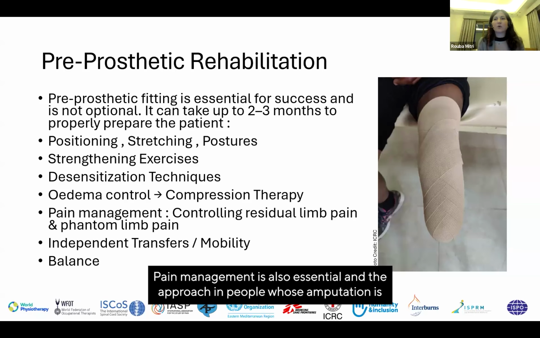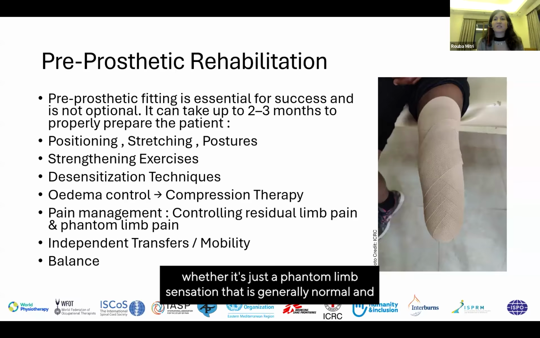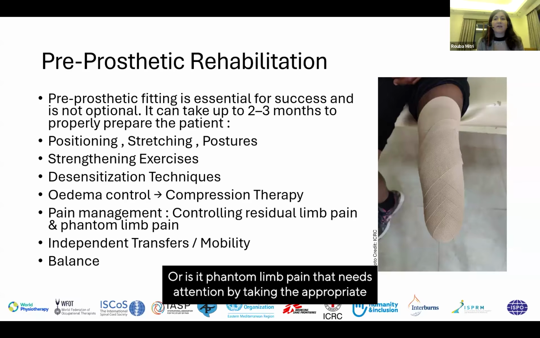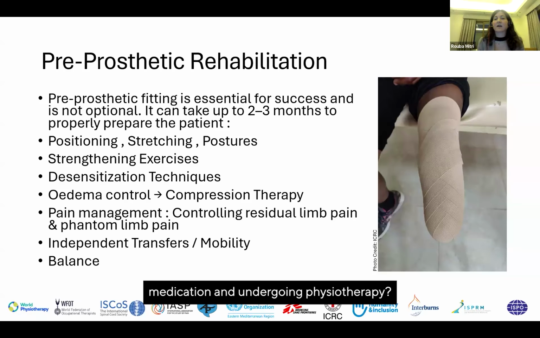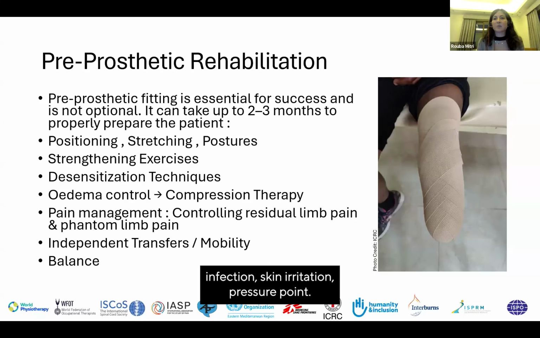Pain management is also essential, and the approach in people with amputation is quite specific. It should start by properly identifying the type of pain, whether it's just a phantom limb sensation that is generally normal and often does not require treatment, or is it phantom limb pain that needs attention by taking the appropriate medication and undergoing physiotherapy, or is it the residual limb pain with an underlying cause, maybe such as edema, infection, skin irritation, pressure point.